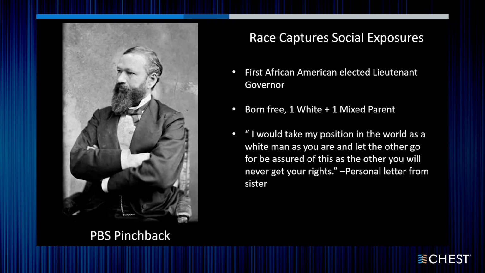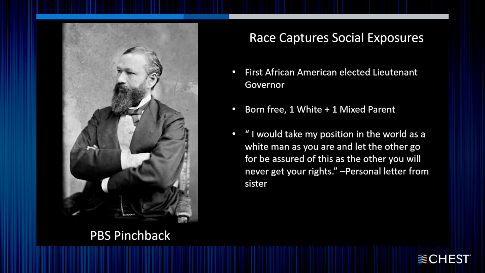Bringing things back closer to home, let's look at the case of Pinckney Benton Stewart Pinchback, the first elected black lieutenant governor in the United States. Now, the interesting thing about him is by his appearance or by his ancestry, he was primarily a white man. But certainly by his life experience and his own self-identity, he was decidedly black. He was threatened with enslavement and had to flee several times.